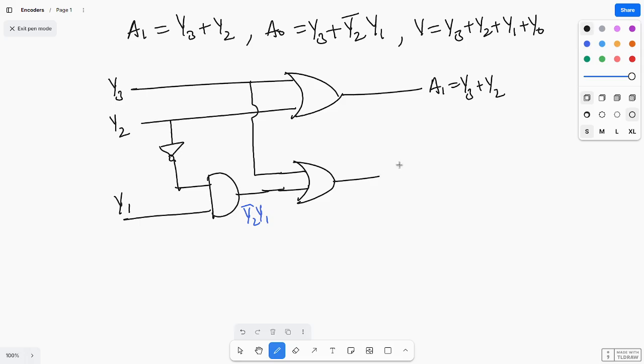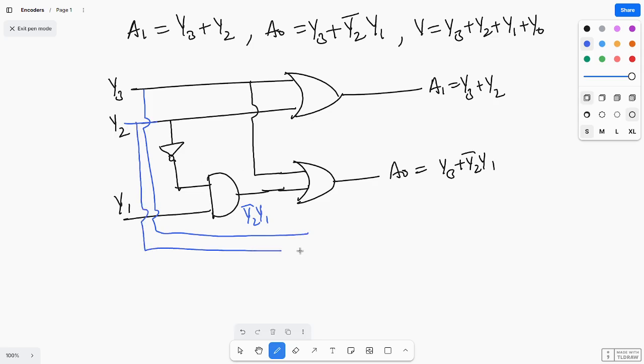Here A0 equals y3 plus y2 bar y1. Similarly you take this for V. V is nothing but y3, you take this input y3, and y2, and next y1.